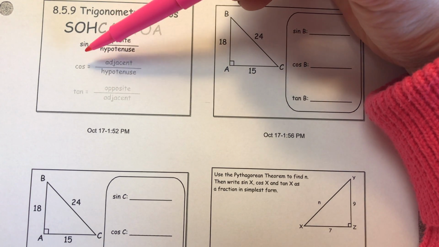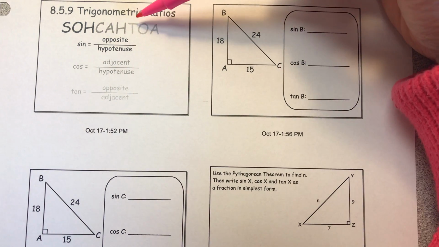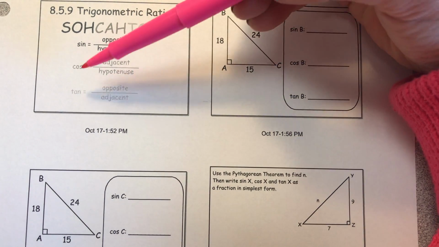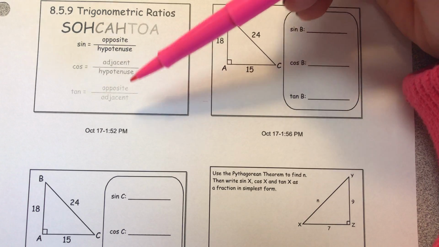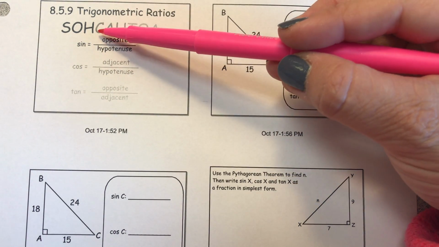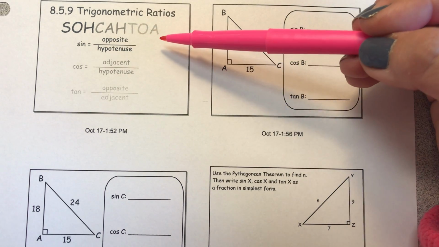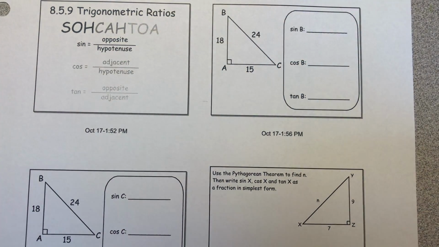CAH stands for cosine, which is adjacent over hypotenuse, and then TOA stands for tangent, which is opposite over adjacent. So sine, SOH; cosine, CAH, adjacent over hypotenuse; TOA, tangent, opposite over adjacent.